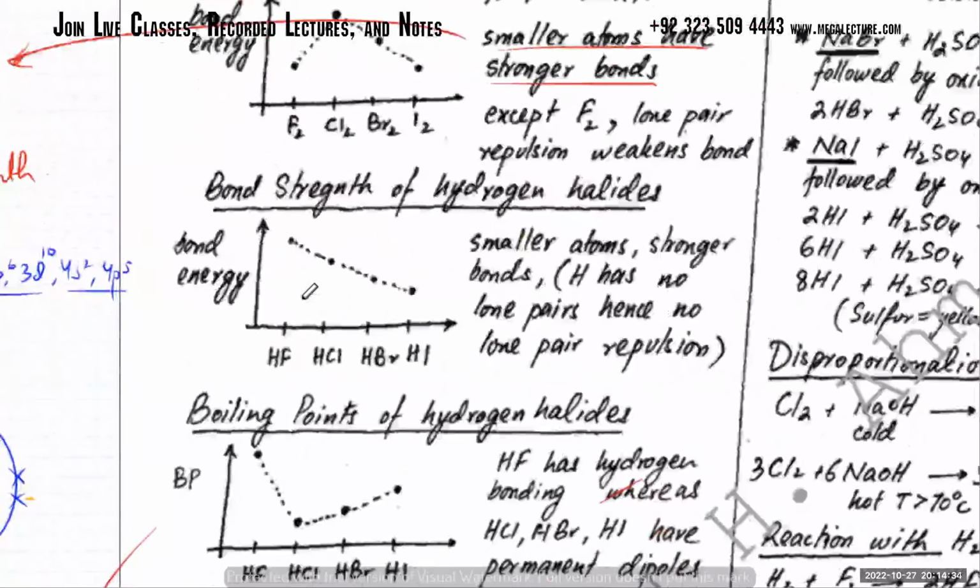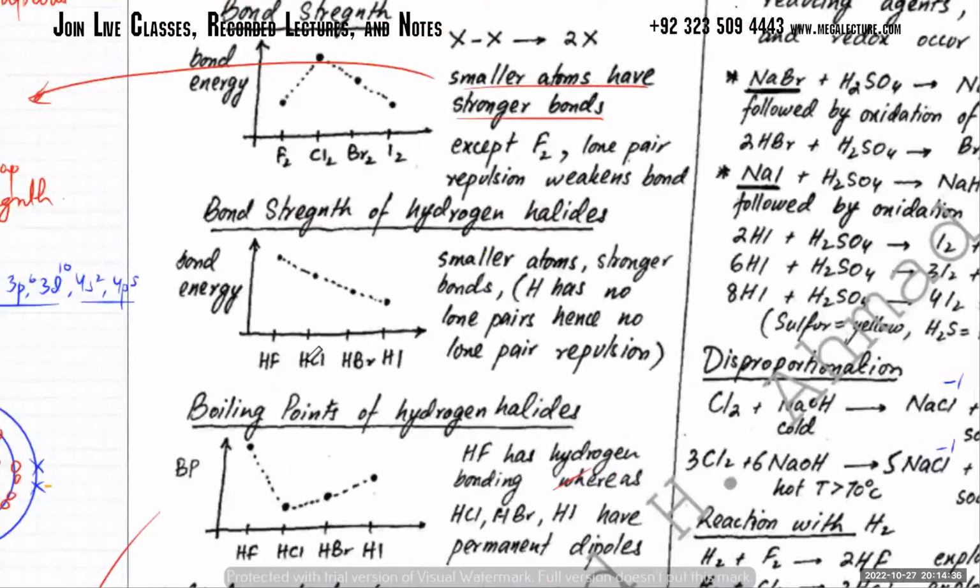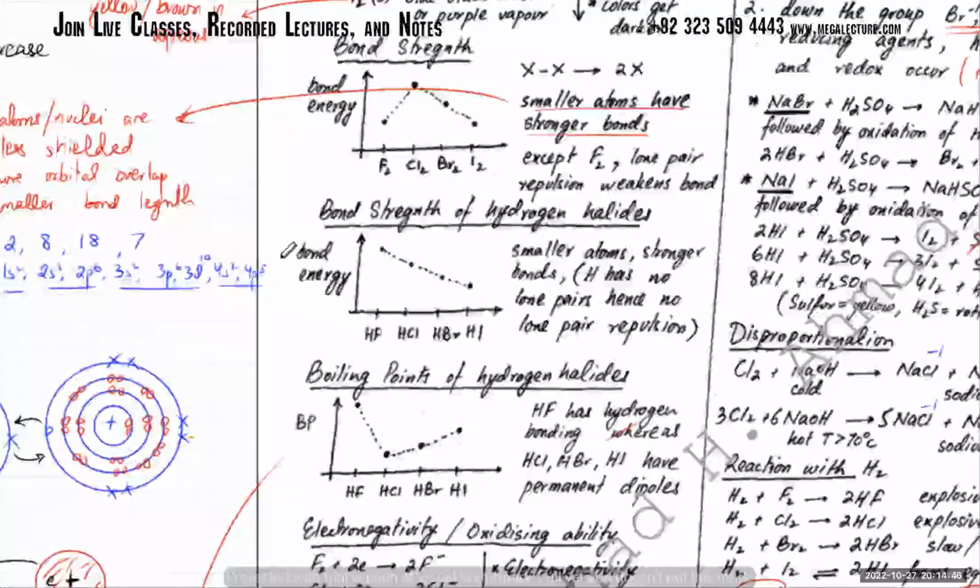Now, when it comes to the bond strength of hydrogen halides, HF, HCl, HBr, HI, they follow the trend. There is no exception. The bigger atom has the weakest bond. The smaller atom has the strongest bond. So why is there no exception?